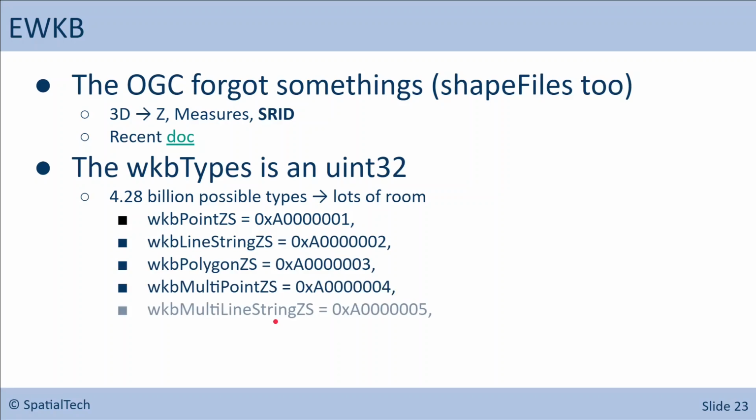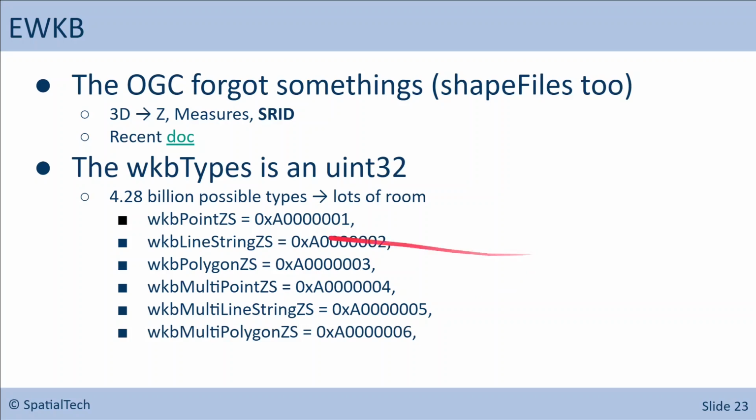What it is, they're just repeating all of the other geometry types further up in the range with a big gap between them, so that they're not even close. We could put like a million point gap in between them if we want to, and we've got 4 billion, lots of space. And just repeat the sequence for all those geometry types below, but for 3D, and all those geometry types below, but for 3D with measures.